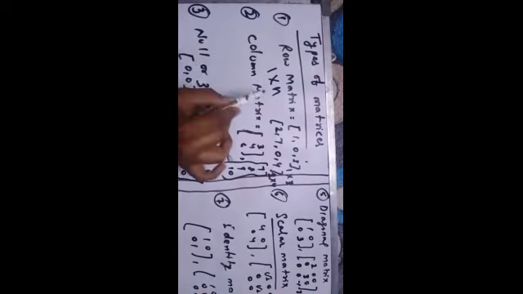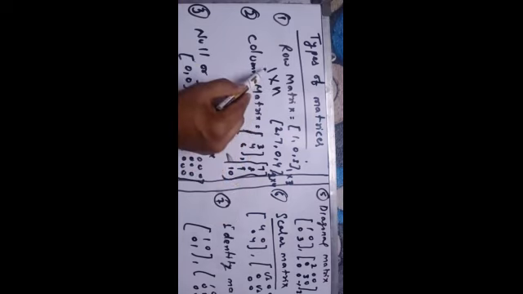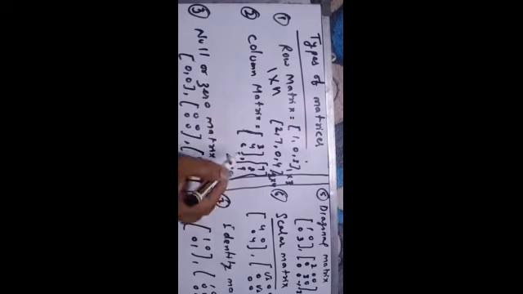Generally, the order of the row matrix would be 1 by n. So n can be changed. N is the number of columns, but the row will remain the same.